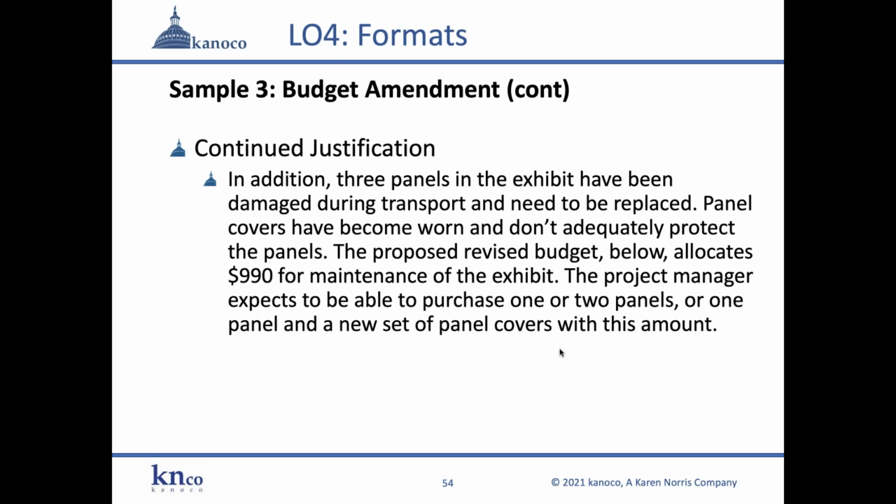Panel covers have become worn and don't adequately protect the panels. The proposed revised budget, which is pictured below, allocates $990, which was the amount of money for the faculty member initially. For maintenance of the exhibit, the project manager expects to be able to purchase 1 or 2 panels or 1 panel and a new set of panel covers.